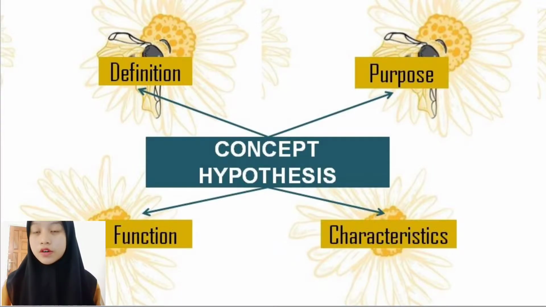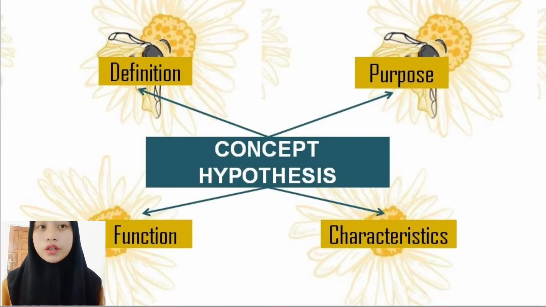And the last point is about the characteristics of a good hypothesis. The first is that a hypothesis should be conceptually clear. It means that the concepts used in the hypothesis should be clearly defined, not only formally but also, if possible, operationally. The second is that a hypothesis should be specific.